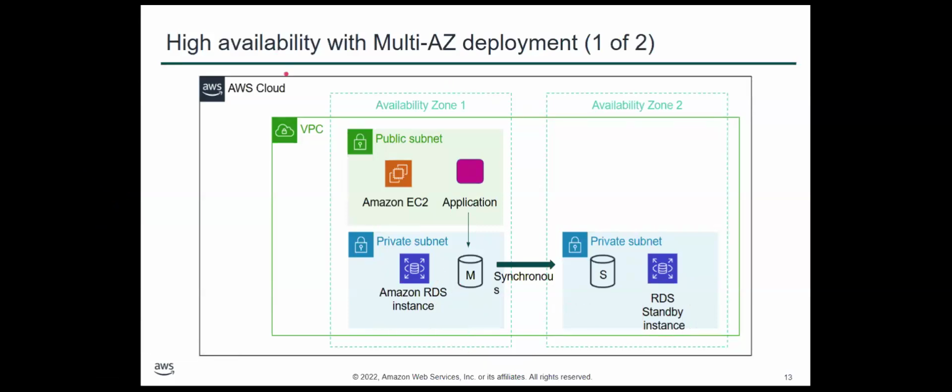Now the database is highly available. If the main one is not working, the application will directly contact the standby copy, and automatically the data people want to access will be there.